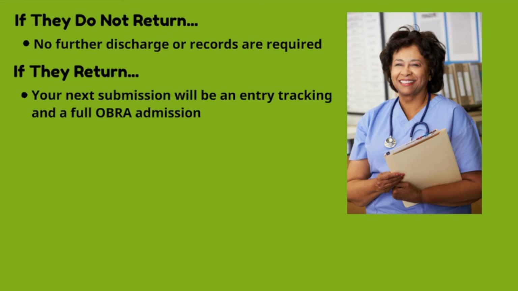Even if you know them from a long time back, this is officially a new resident for MDS purposes, with a comprehensive assessment due, using your new eyes to see them as they now are.